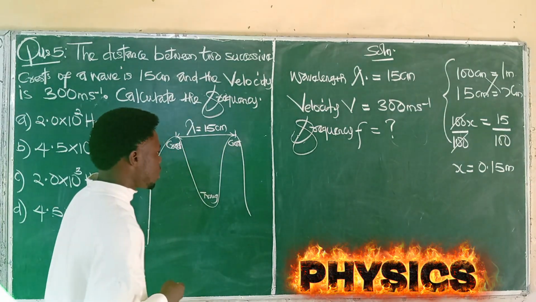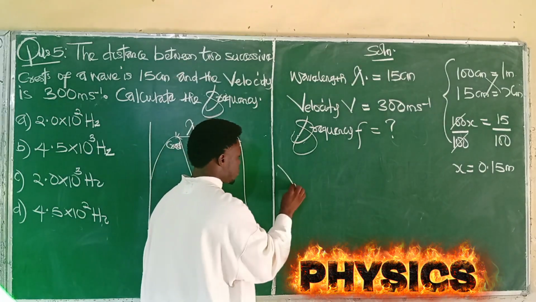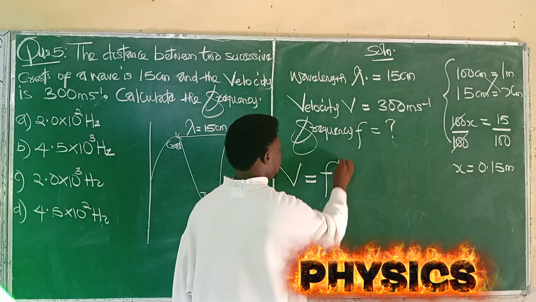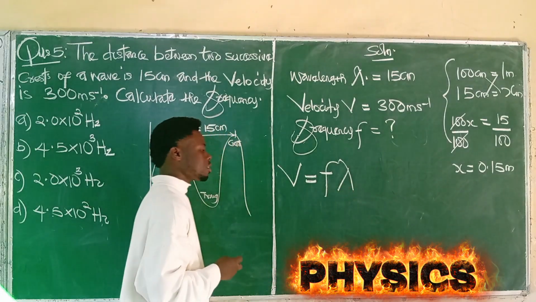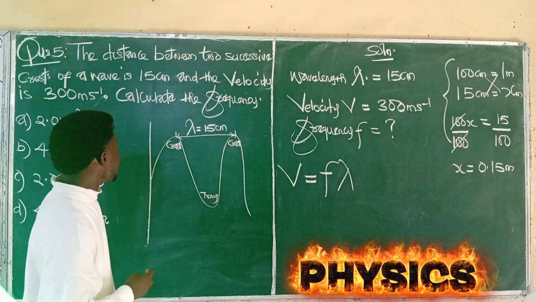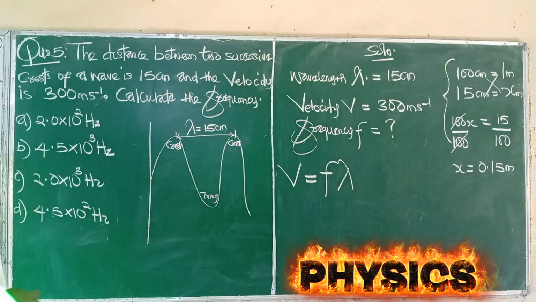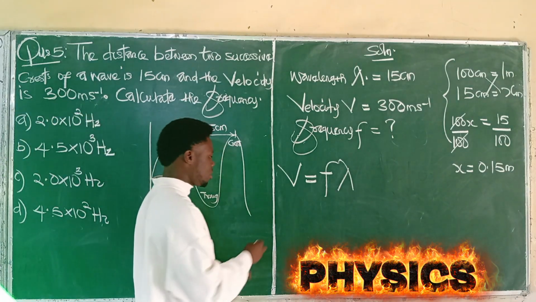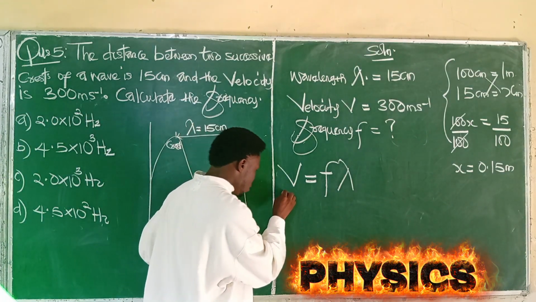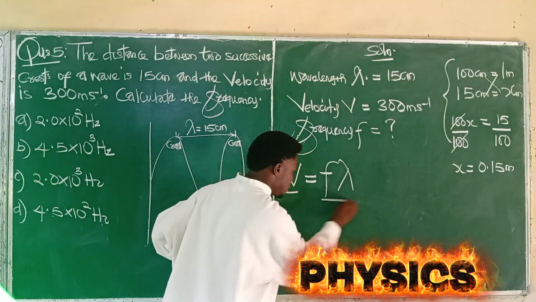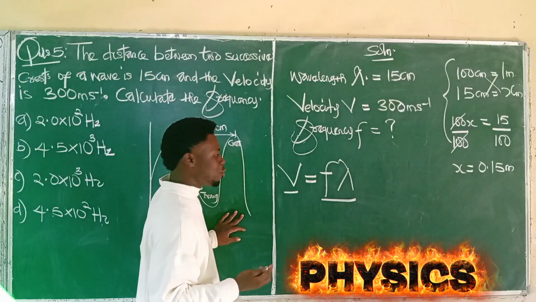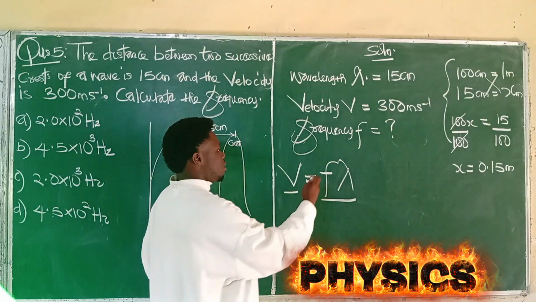So let's bring this into the formula. Velocity is equal to frequency times wavelength. From the question, calculate the frequency. So we are required to get the value of f, which is the frequency. From this point, we can make f the subject of the formula by dividing both sides by the coefficient of f.